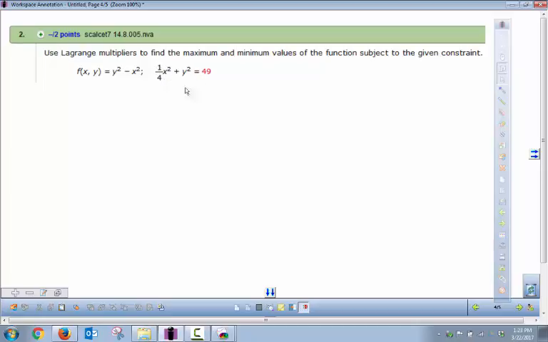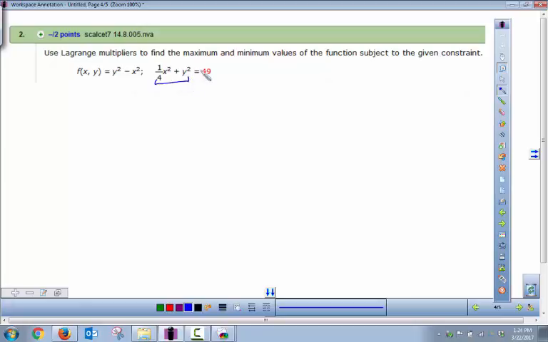If we take a look at the level curves, we'd have hyperbolas and ellipses, and we can imagine how that might look with the common gradient. You can imagine where those graphs might kiss. We'll get a picture of this later after we work it out, but let's try to work it out first.